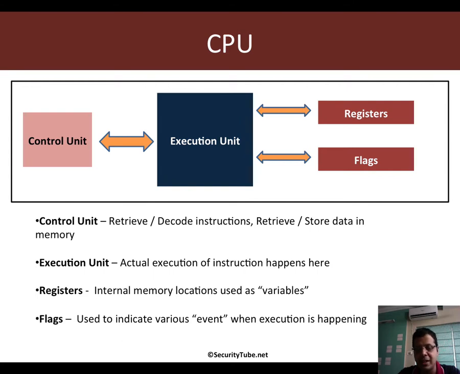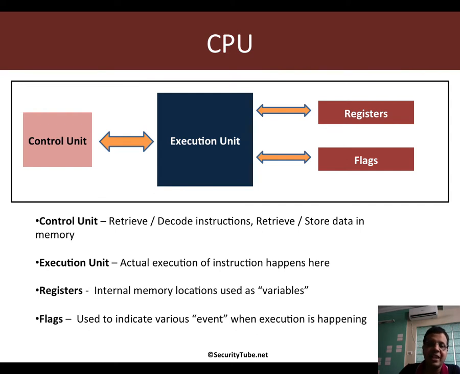Registers are internal memory locations which are used like variables and keep changing depending on the context of what the execution unit is doing. And flags indicate different events that may be happening while the execution is running. As an example, if an instruction leads to a 0, then an appropriate flag is set so that later instructions can check for what happened, and you can have things like branching, program flow, and all of that, right?